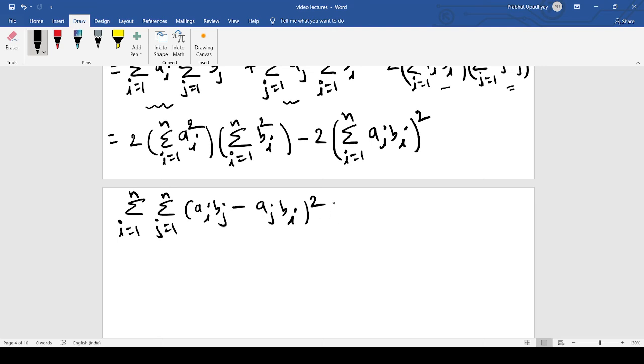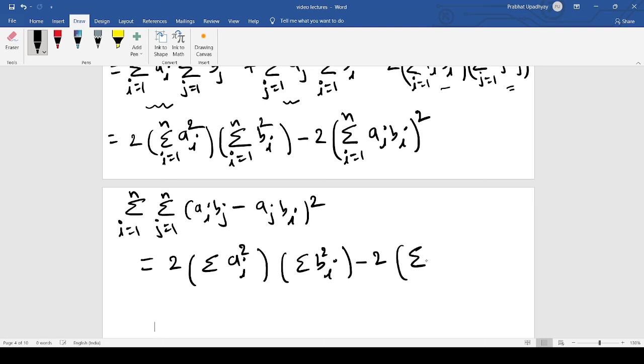And then I got this term is equal to 2 times summation ai square into summation bi square minus 2 times summation ai bi complete square, everywhere i is going from 1 to n. Now if you see this left hand side, it is addition of complete square terms.